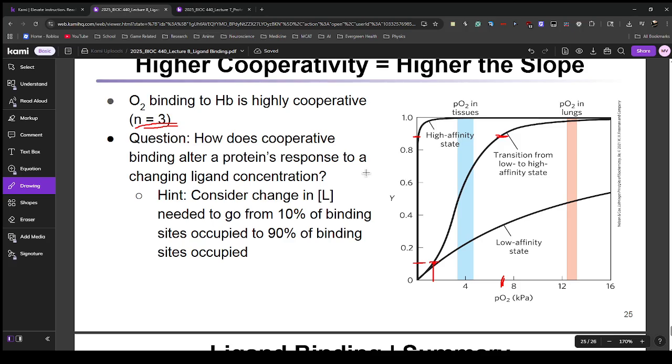So the cooperative binding does have an effect. If you look at this one right here, to go to 80% bound, you don't even see it here. For this low affinity one, you don't even see the 80% point. It's too far to the right. Over here, for this high affinity state, it's too quick. So 10% is right here, and 90% is also right here. There's no difference.